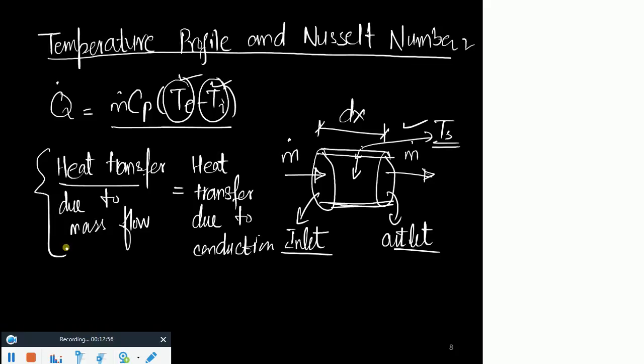Okay, sorry, no, this is something which is there due to convection, isn't it? You are talking about Newton's law of cooling, but that has been taken into account by this relationship. There are two mechanisms, how the heat is coming in and how the heat is taken away. The heat is coming in due to the different temperatures of the fluid and the surface, and the heat is taken away by what? That mass flow rate.